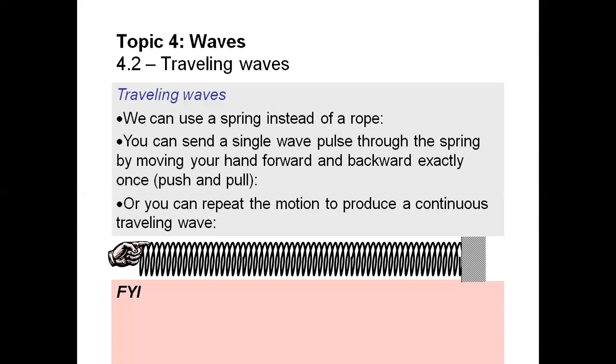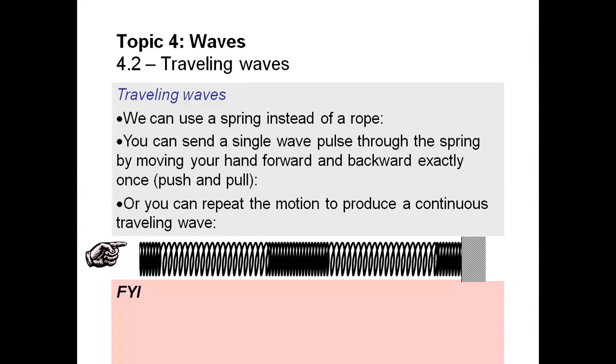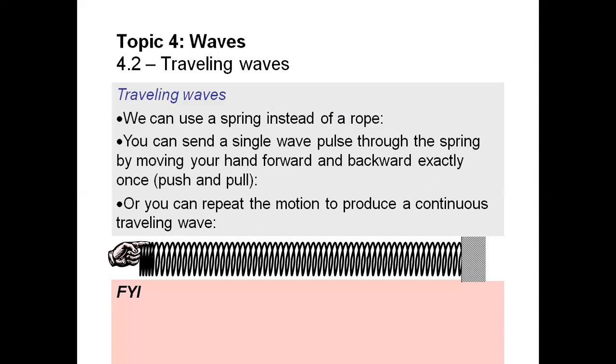Let's see how it's done. Yeah, see, these are the waves. Now we will see the different types of waves. That's why these are very important. When we move our hand up and down, it's going to be one type of wave, and when we move our hand forward and backward, it's going to be another type of wave. We will see the definitions soon.